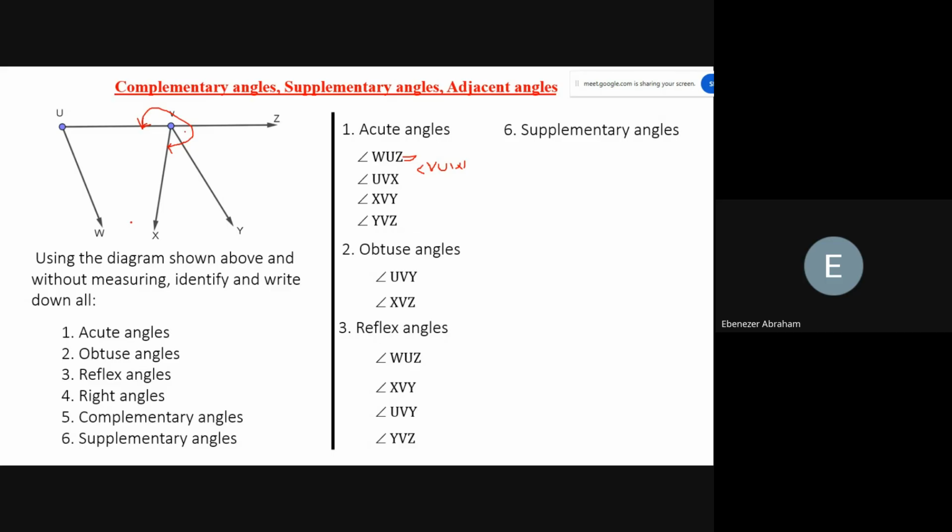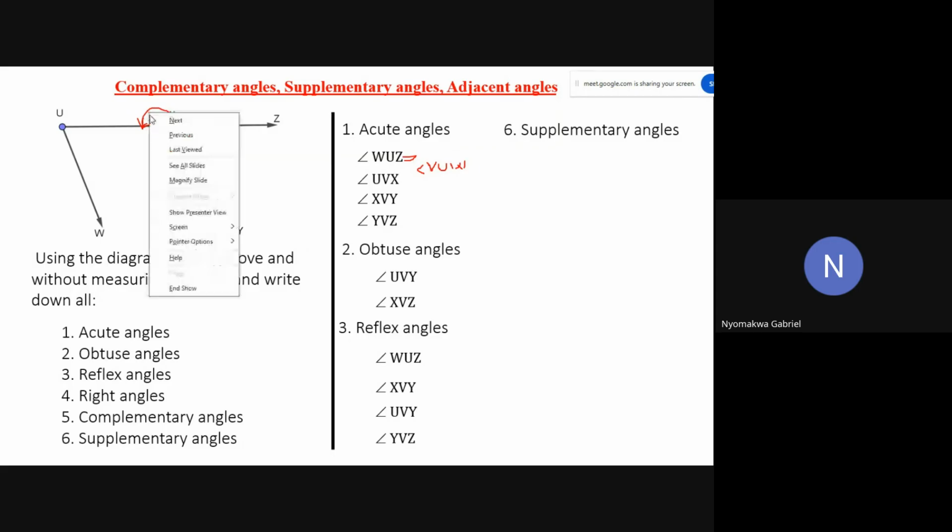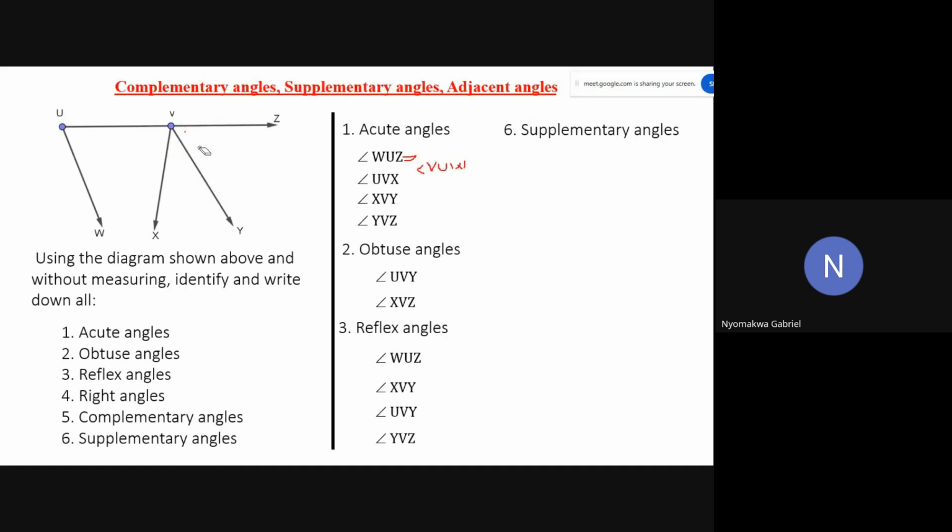I'm saying that angle ZVY and angle XVU, this part, the one I'm pointing at, they are supplementary. The two don't add up to 180.